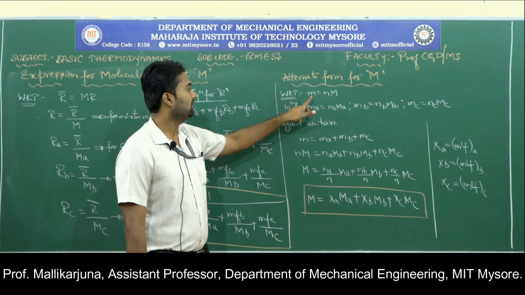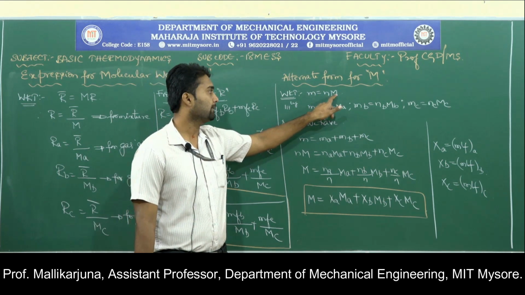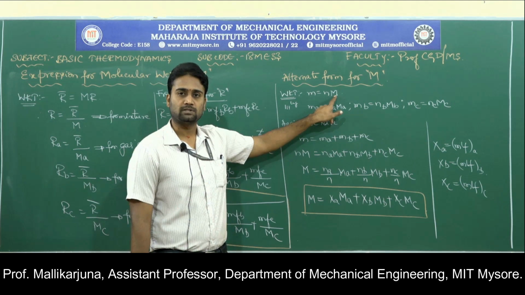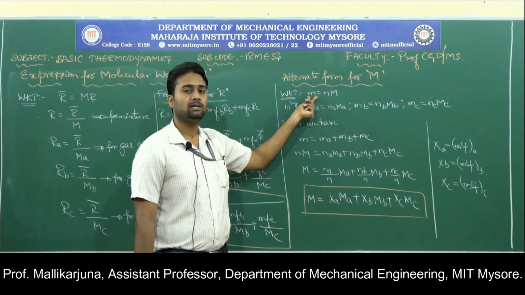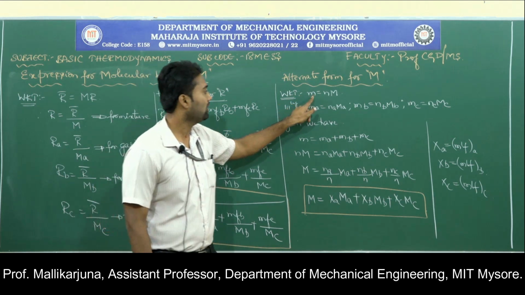We were aware that the mass of a substance can be given by the number of moles of the substance times the molecular weight of that substance. So N into M gives us the small m, which is nothing but mass. This is for the mixture, because I have not written any suffixes.